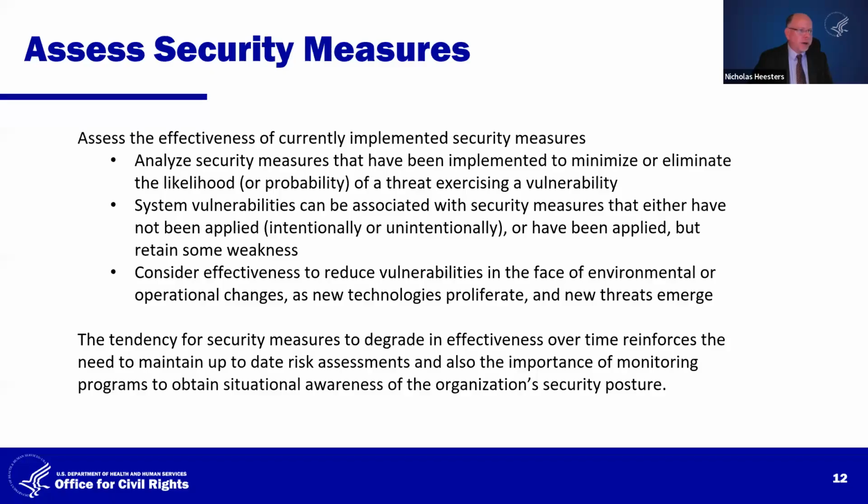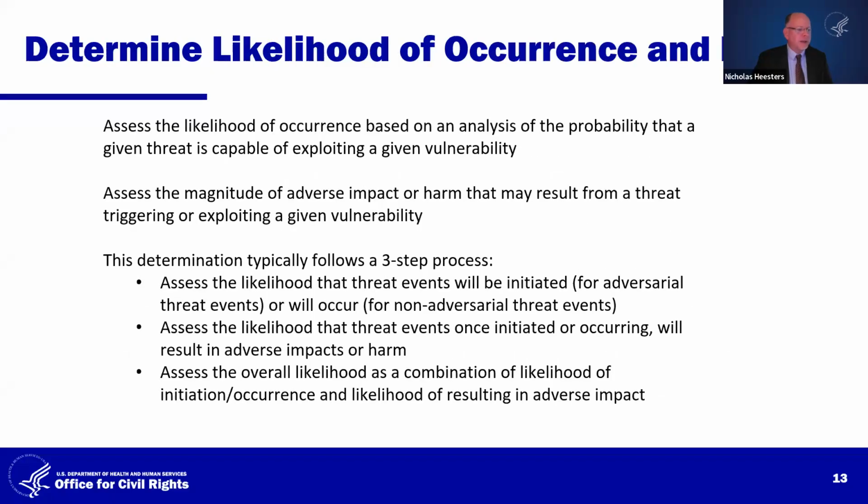And another thing to keep in mind as far as ensuring that whatever is in place is going to effectively protect ePHI. So once we have our threats and our vulnerabilities identified, we want to determine what is the likelihood of something going to happen, the likelihood of an occurrence, and what is the potential impact going to be.